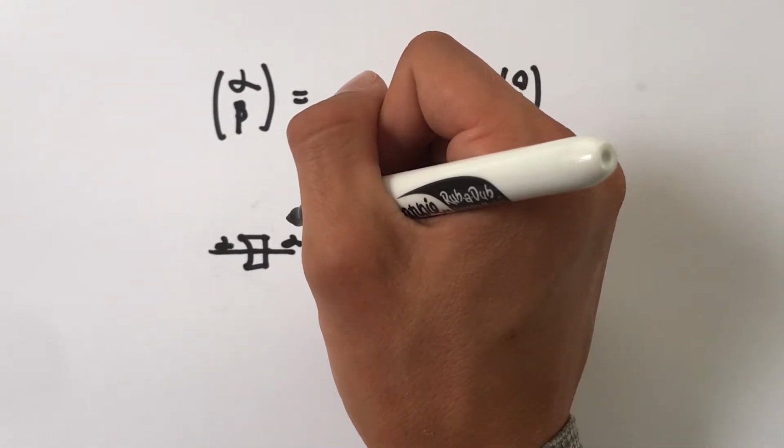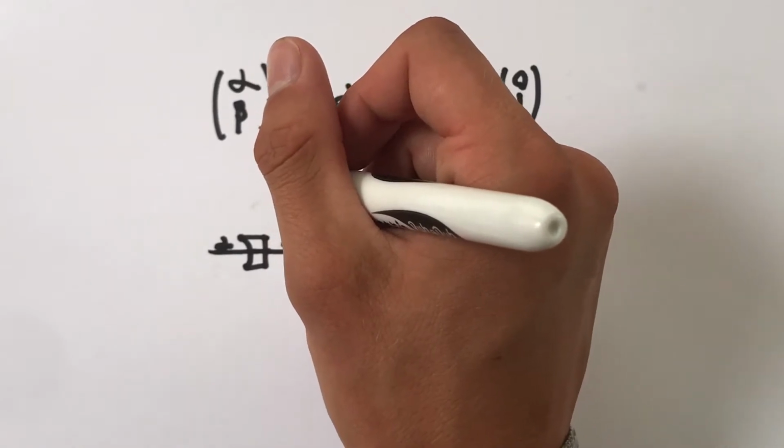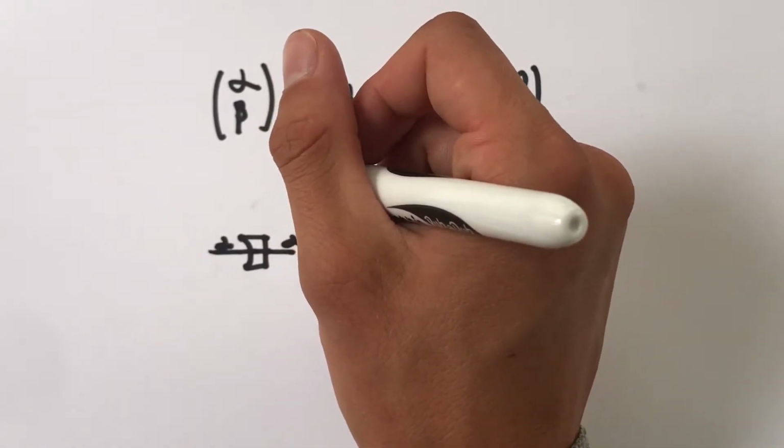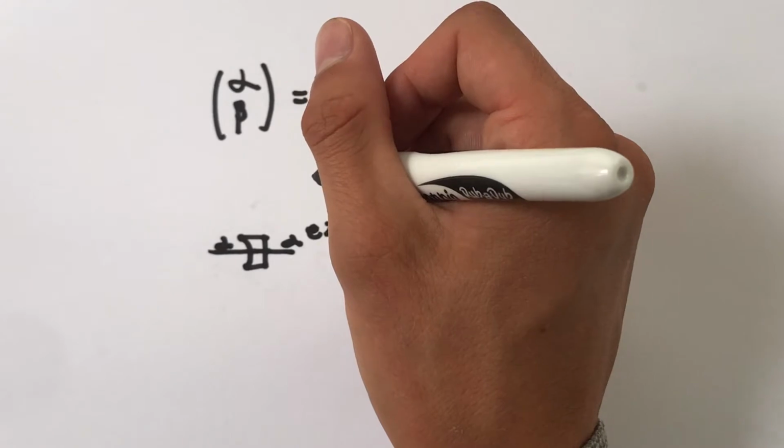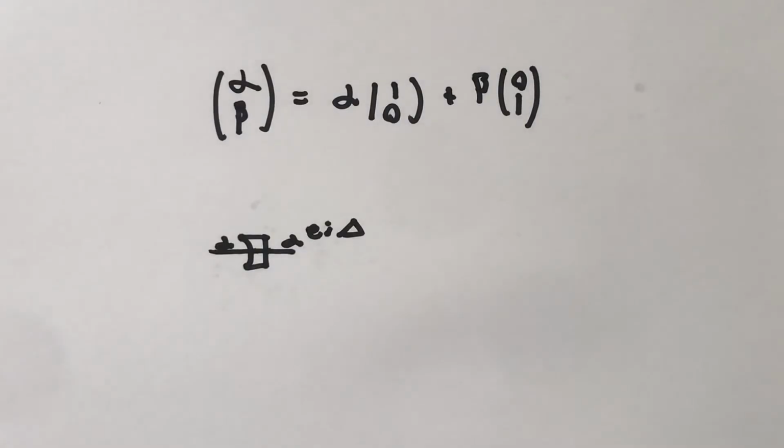By taking the norm of a complex number like this, you do not change the amount of photons. The photon is the same, but you just change the phase by multiplying it.